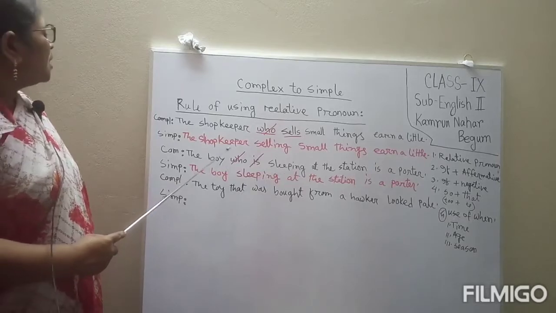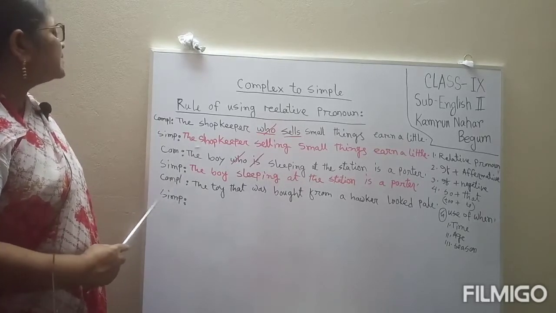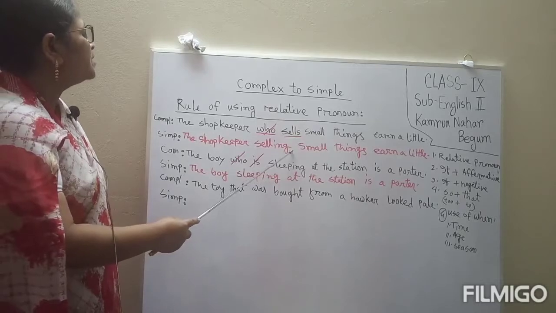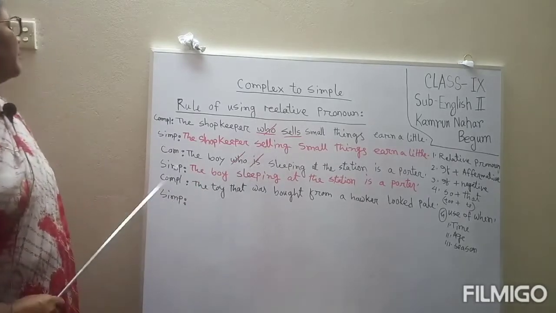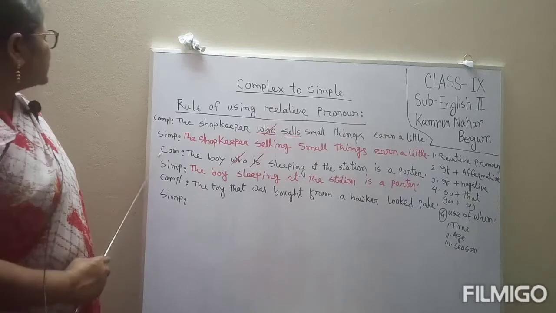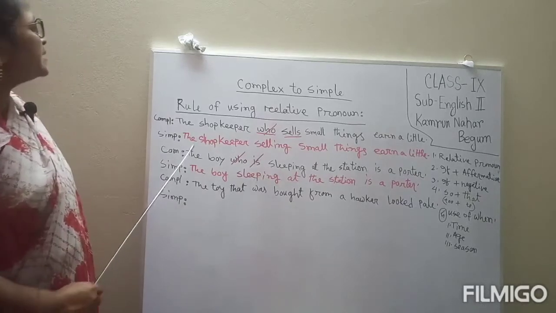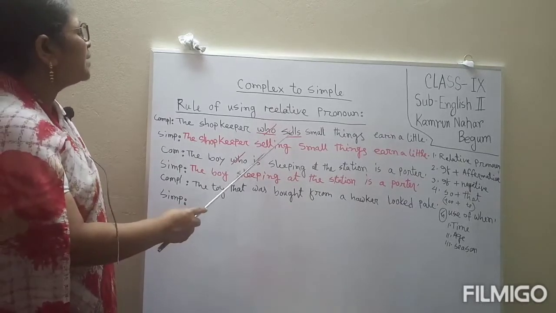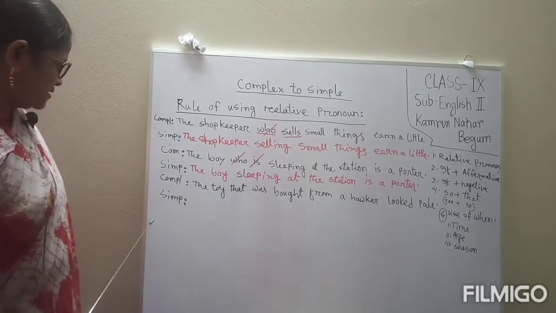So the simple sentence is similar, adding ing with the main verb. In the first sentence the verb already had it, and in the other I have added ing in the simple sentence.